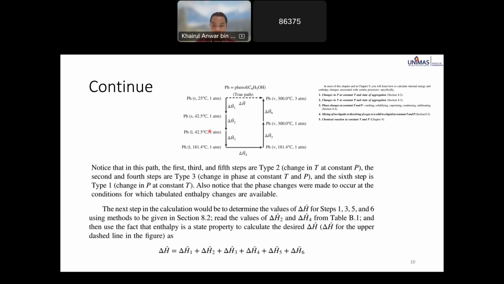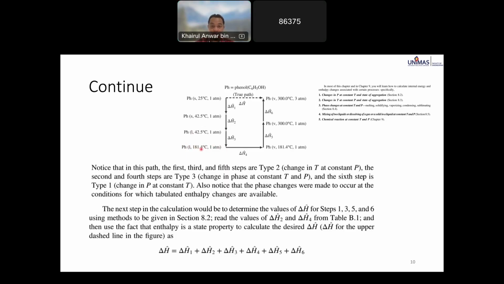Next is we need to change it to vapor form, right? So to change to the vapor form, you need to increase the temperature to the boiling point of the phenol. So phenol in liquid form similar, but the temperature is increased up to 181, the boiling temperature for phenol at the same pressure.